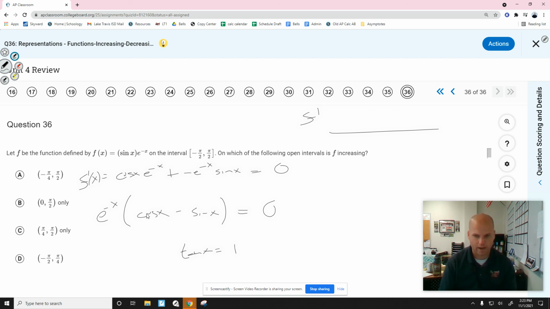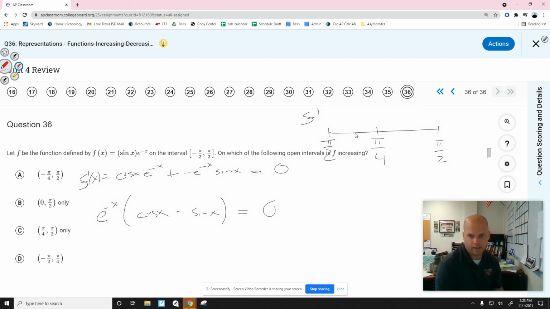It's pi over 4 and 5 pi over 4. So pi over 4 is the only value between negative pi over 2 and positive pi over 2, right? That's when sine and cosine are the same, which means you subtract them and get 0.